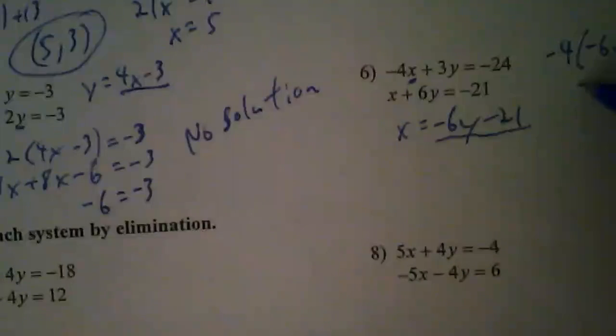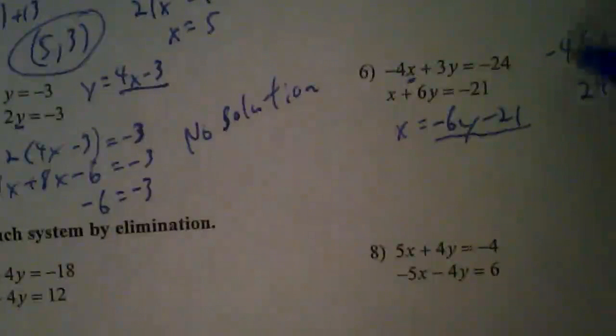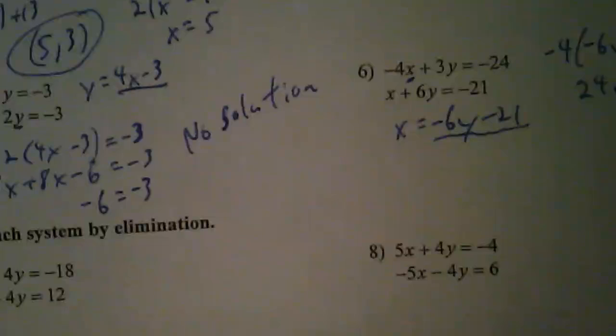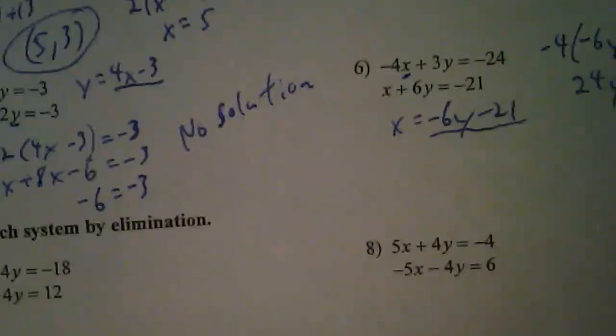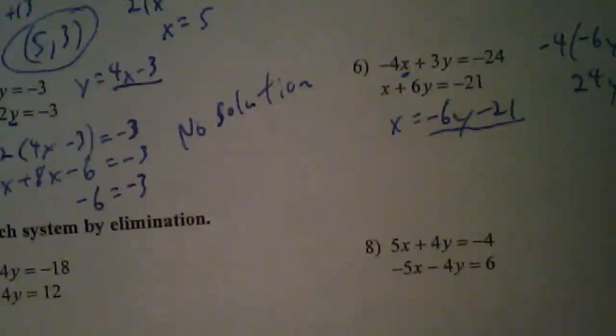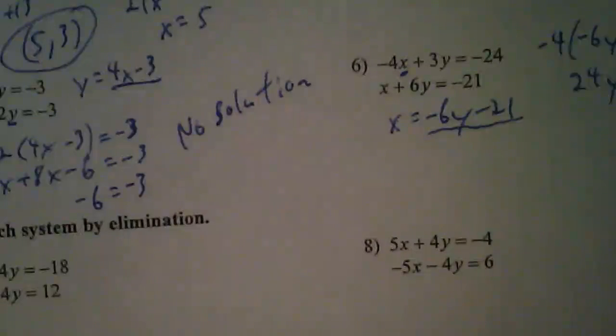Distribute. So that's a positive 24y. That's going to be a positive 84. So we got the 3y, and it's equal to negative 24. 24y and 3y, we can go ahead and combine those. That gives us 27y. 84, we can go ahead and move that over by subtracting it.